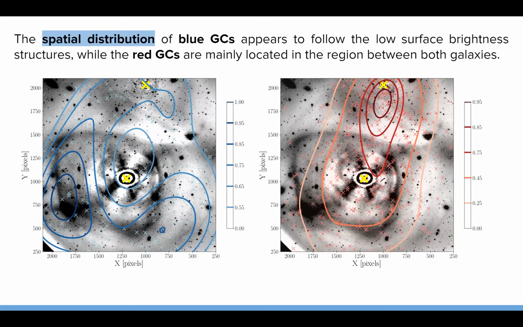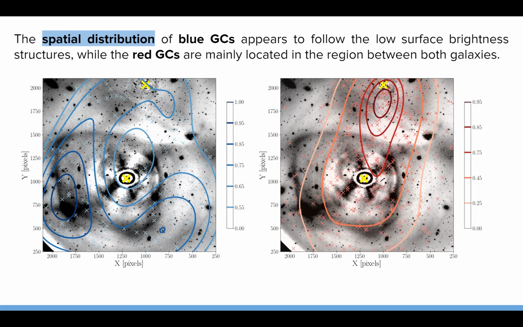When we look at these contours, what we see is that the blue globular clusters seem to follow the larger features in the low surface brightness distribution of the galaxy, which might be telling us that whatever event caused these shells might have affected the spatial distribution of the blue globular clusters.